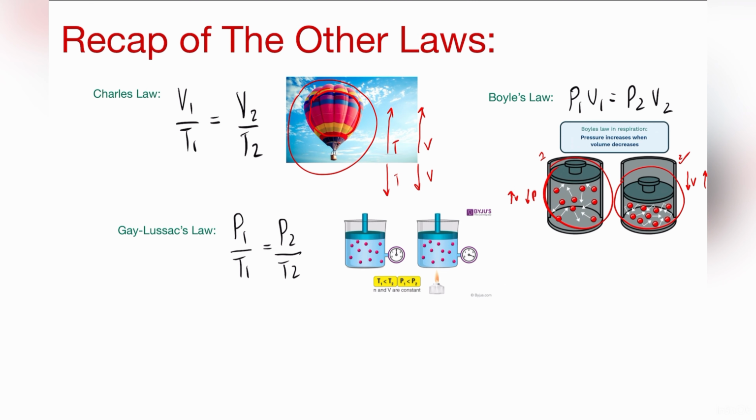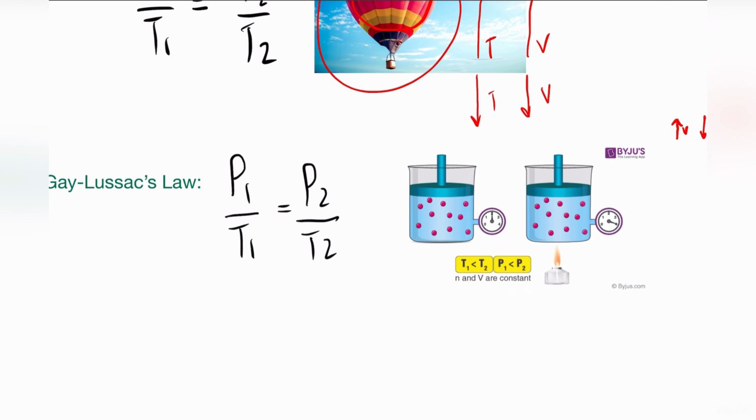Lastly, we have Gay-Lussac's law, the relationship between pressure and temperature, where volume is held constant, and the amount of gas, categorized by n, is also constant. So n and V are constant. As you see here, these two volumes are the same.